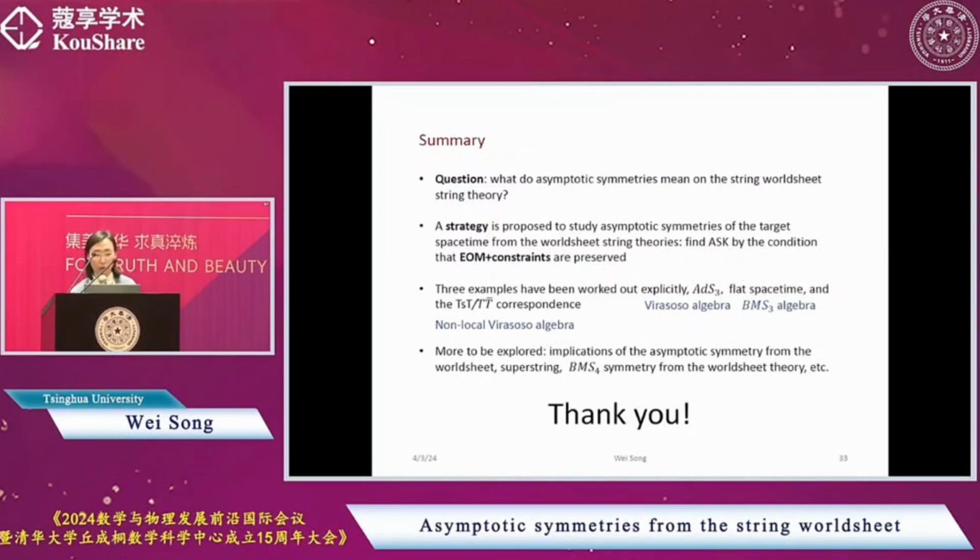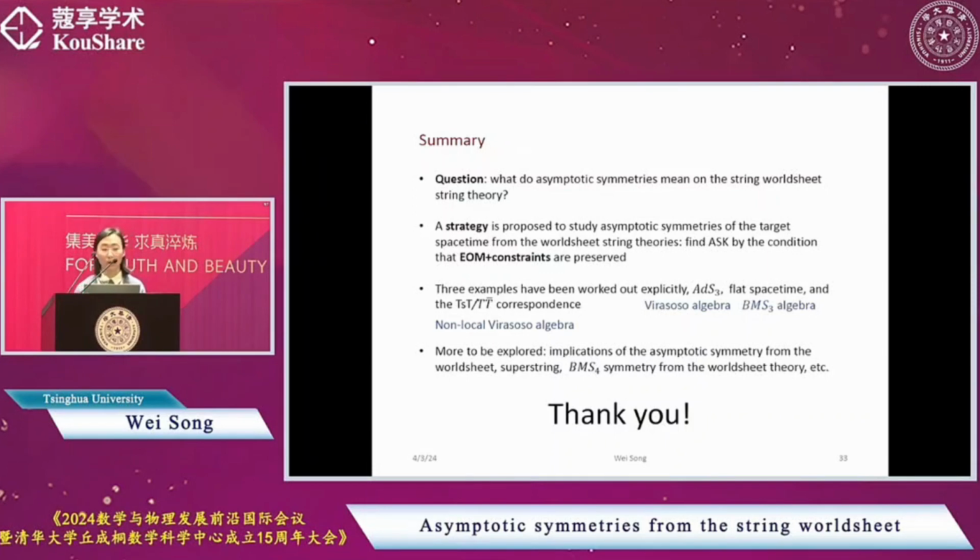And there are lots of things to be further explored. So far, we have only dealt with the bosonic string. It will be interesting to ask about the superstring. And for flat space, we did the BMS, we did the three-dimensional version. It is more interesting to find BMS4, which really is related to real-world gravity.